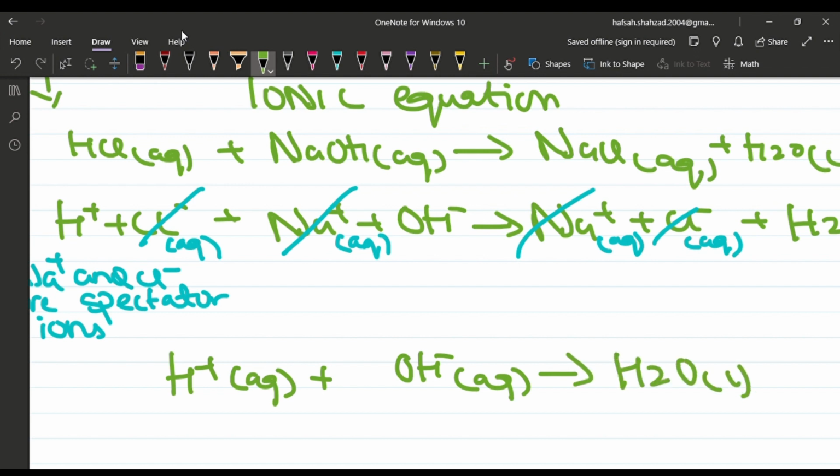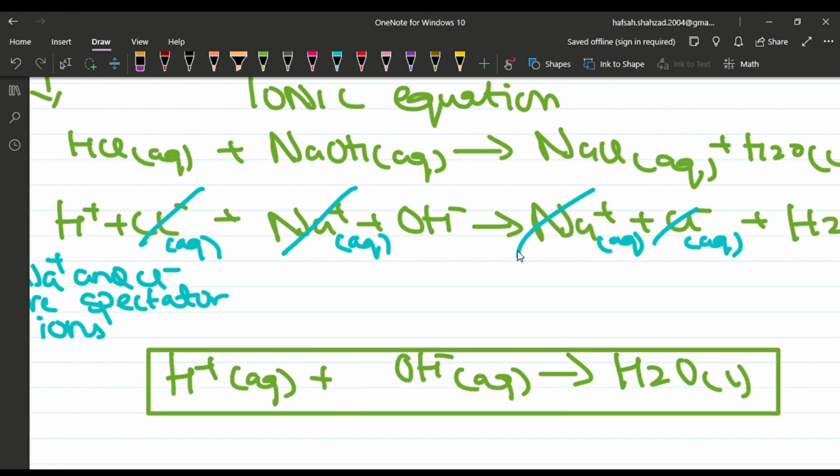This final equation is known as the ionic equation. Ionic equations are those equations that do not include spectator ions, right? So that's how you go about finding the ionic equation.